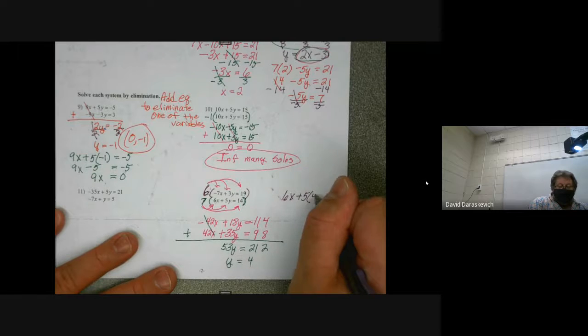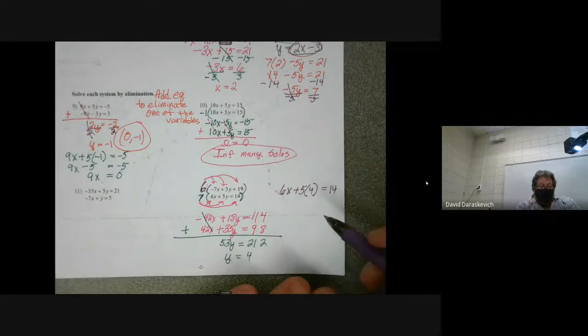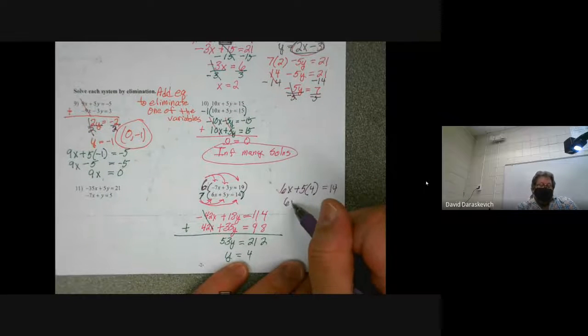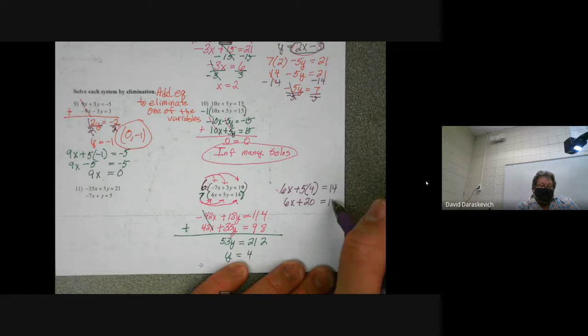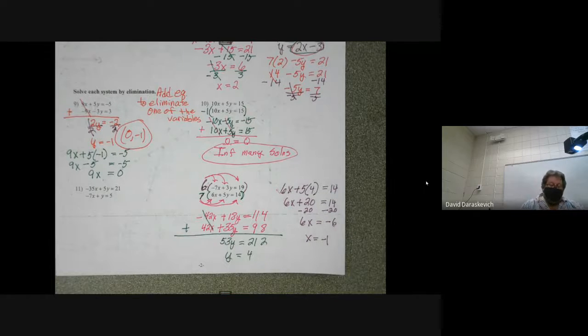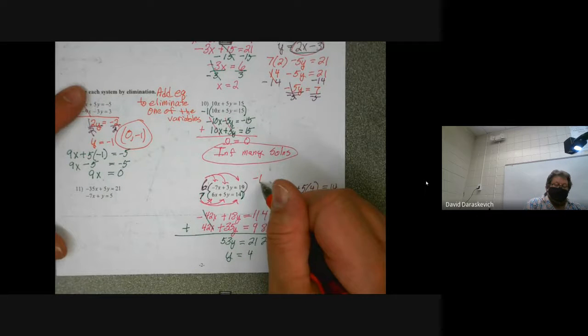My y is 4, equals 14. Solve for x. 6x plus 20 equals 14. Subtract 20. I get 6x equals negative 6. So x is going to equal negative 1. Answer, negative 1, comma 4.